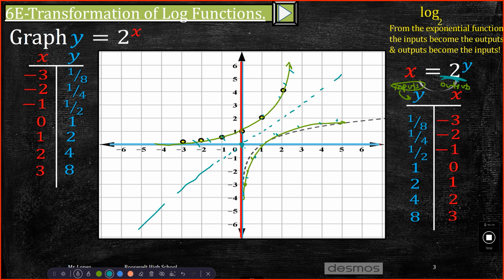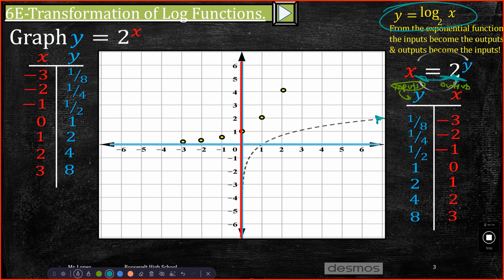This is the actual equation. So we say log base 2 of x is equal to y. That's the equation. So y equals log base 2 of x is the inverse function of the exponential.